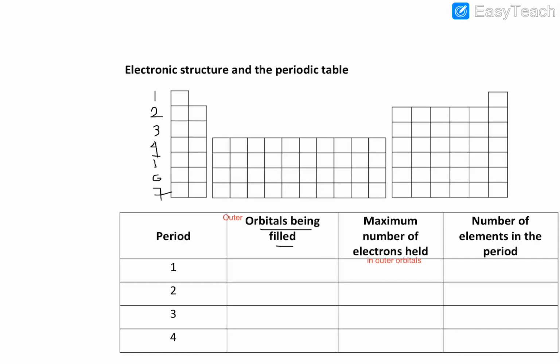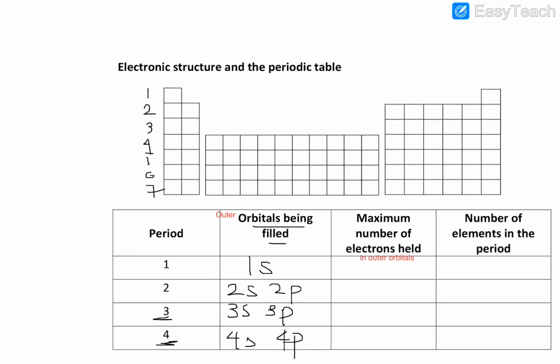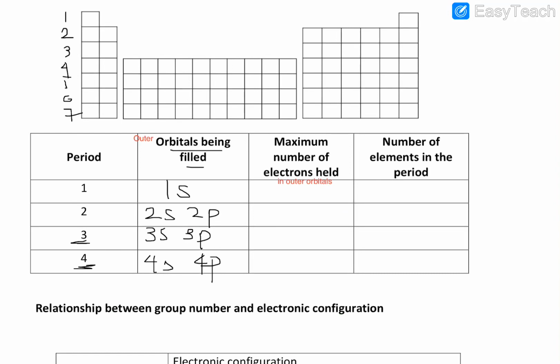When it is in period 1, we're filling in the 1s orbital. The outer orbital being filled is 1s. Period 2, we fill in 2s and 2p as the outer orbitals. Period 3, 3s, 3p. Period 4, 4s, 4p. Okay, so depending on the period number, you know what orbital is being filled.